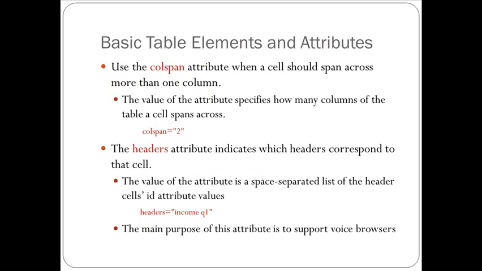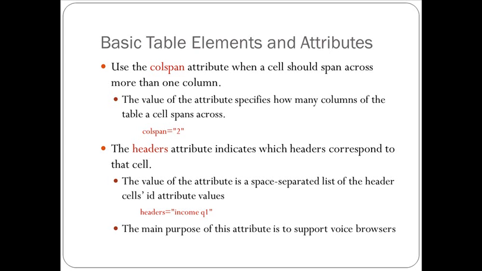You use the column span attribute when a cell should span across more than one column. We saw that in the TV listings. The value of the attribute specifies how many columns of the table a cell spans across. So it's just a number without anything else, just how many cells.